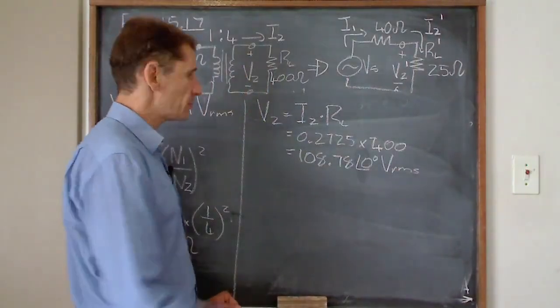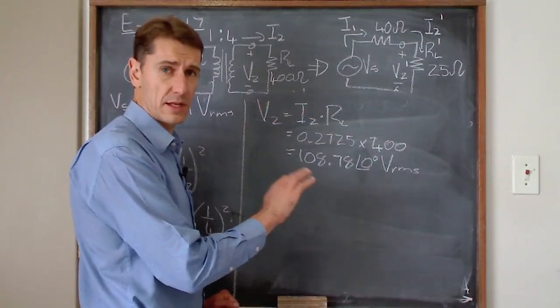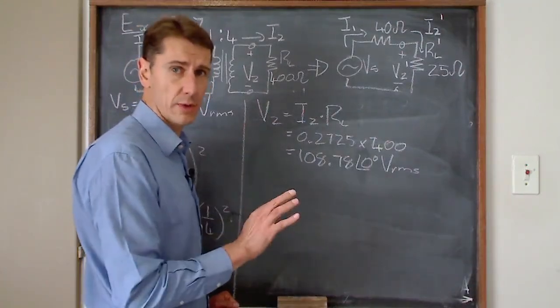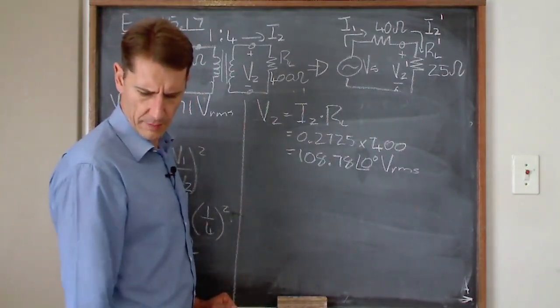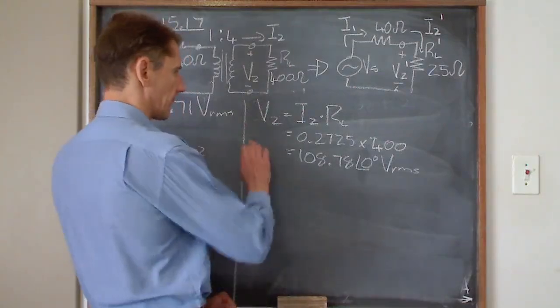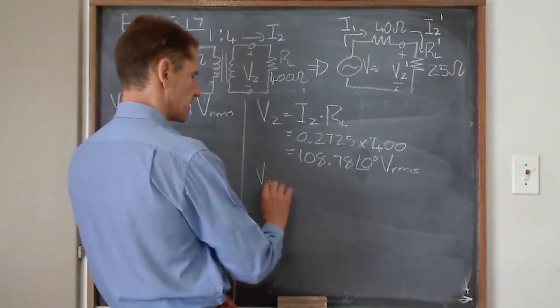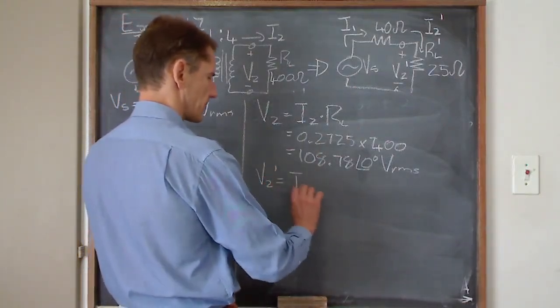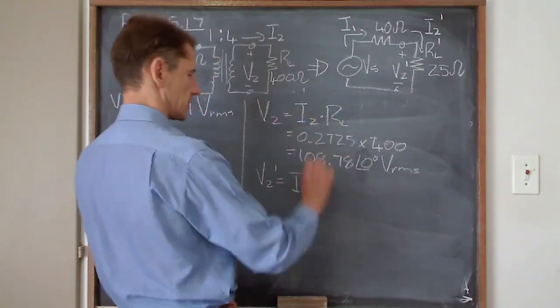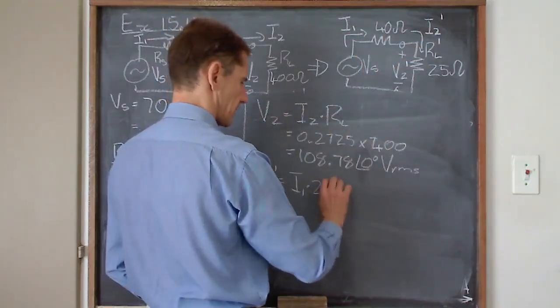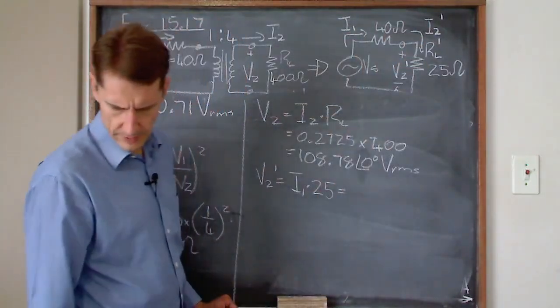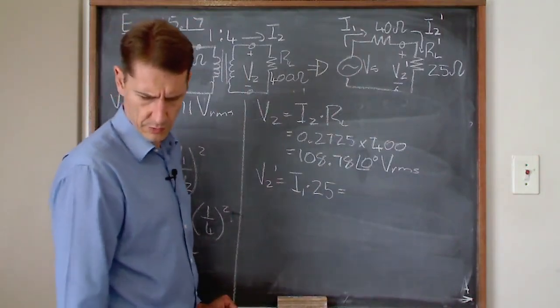In your spreadsheet, please don't type VRMS. In your spreadsheet, everything is already going to be RMS. So that gives you the voltage. I made a note on the other way to get V2. You could have said V2 prime equals I1 times 25, which gives you 27.2 volts.